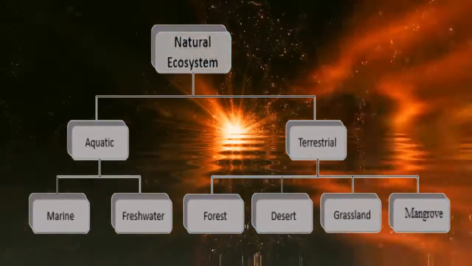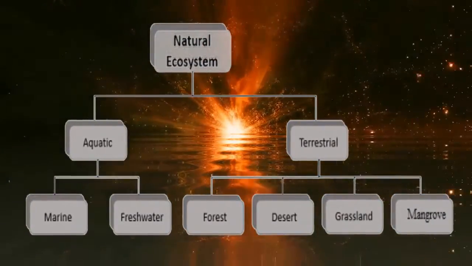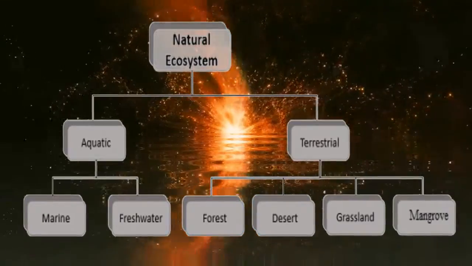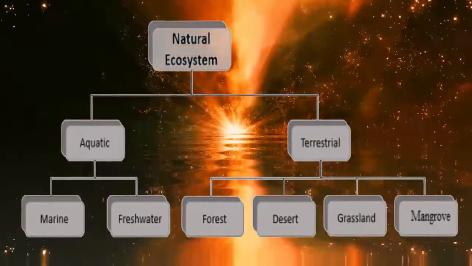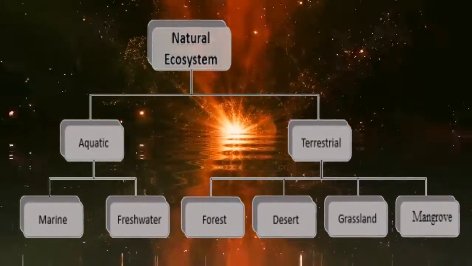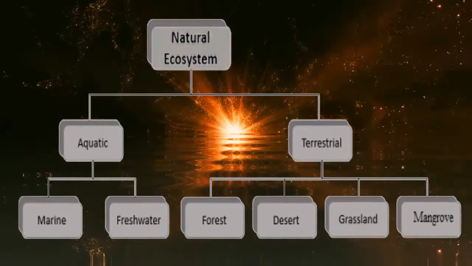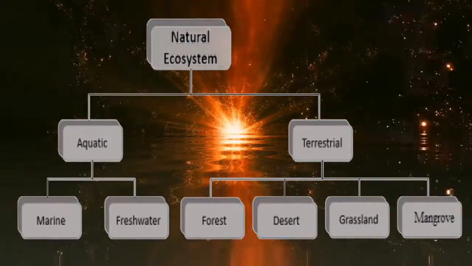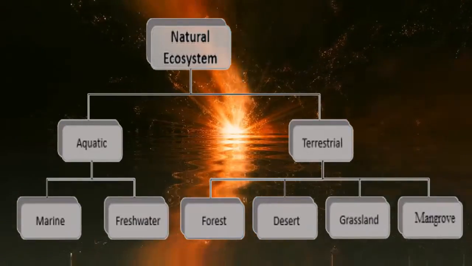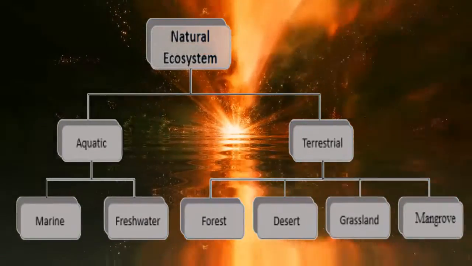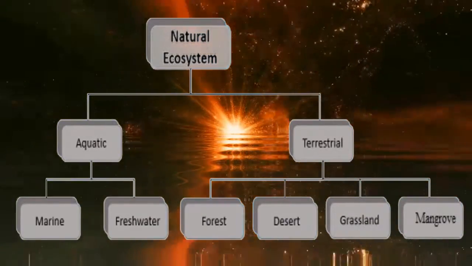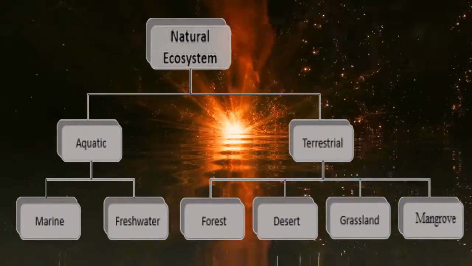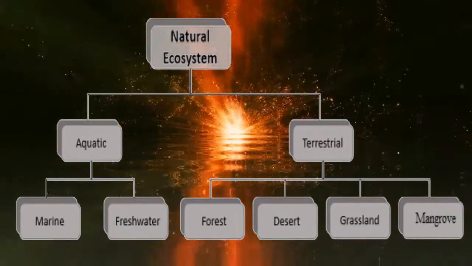Inside terrestrial we may have forest ecosystem, grassland ecosystem, desert ecosystem, and mangrove ecosystems, right? Whereas in aquatic ecosystem we have freshwater ecosystem and marine ecosystem, right? Inside freshwater, rivers, lakes, ponds, everything will come up. Okay, so this is nothing but the natural ecosystem, right?